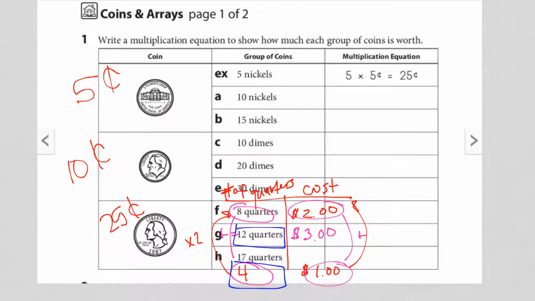So I know that's 16 quarters. So 16 quarters is going to be $4. That's only 1 quarter away. So 16 quarters, that's $4. 17 quarters, I need to add 25 cents to that $4 to give me $4.25.